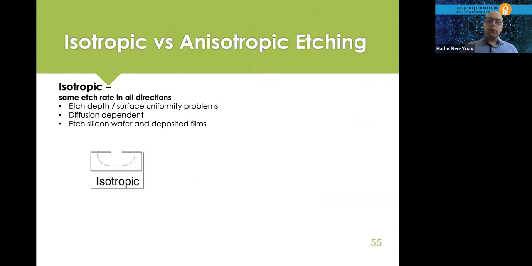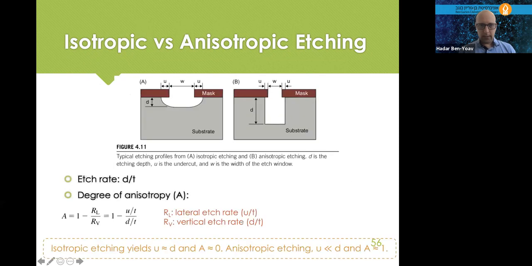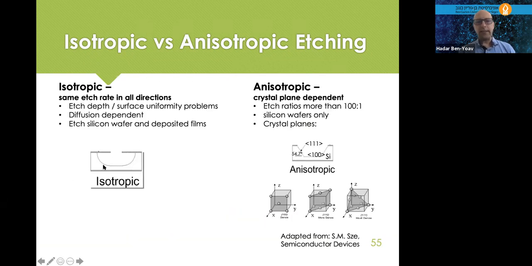So like we saw the conformal and the uniform coating, we also have a kind of parameter that tells us how good the etching process was. We have isotropic etching versus anisotropic etching. It's basically comparing: isotropic is when the rate of etching is similar, either horizontally or vertically.